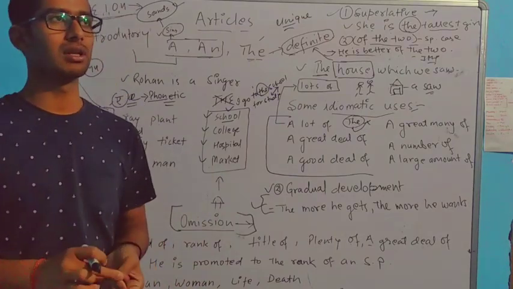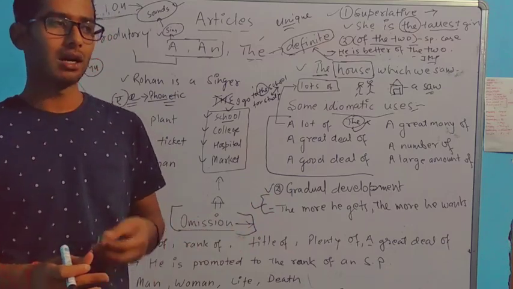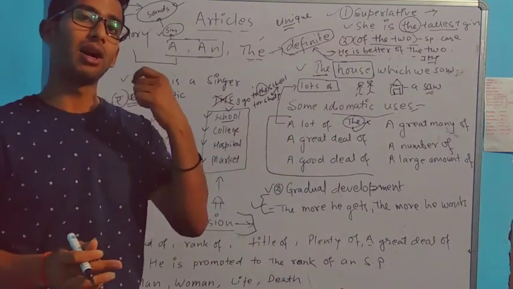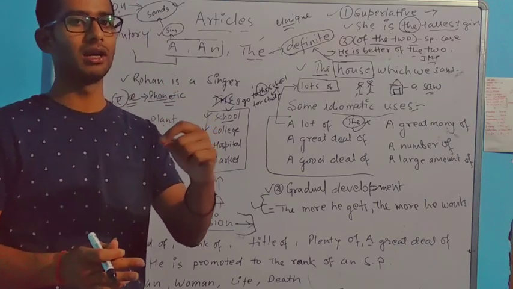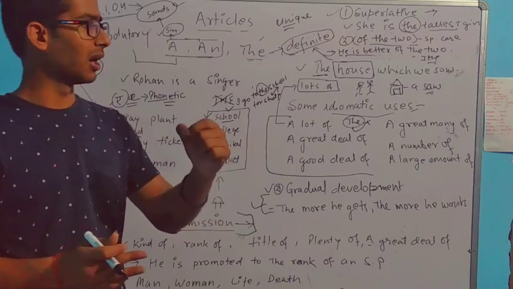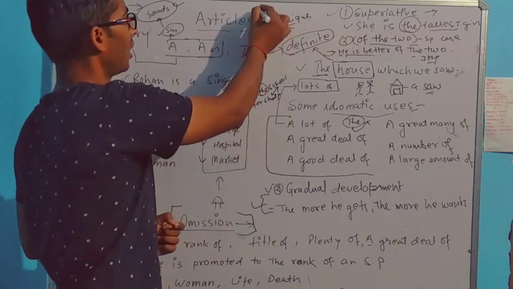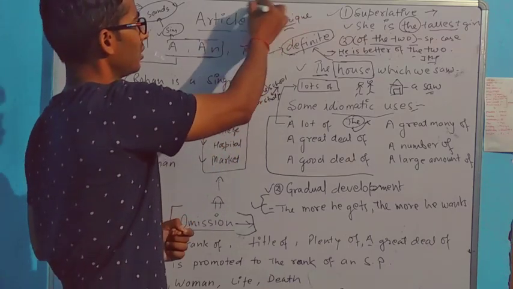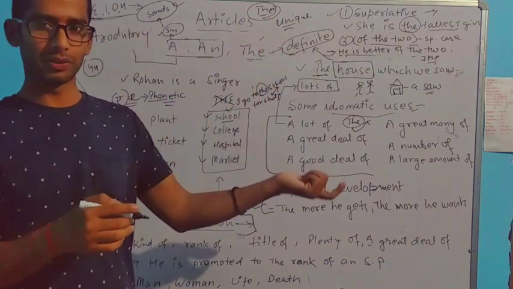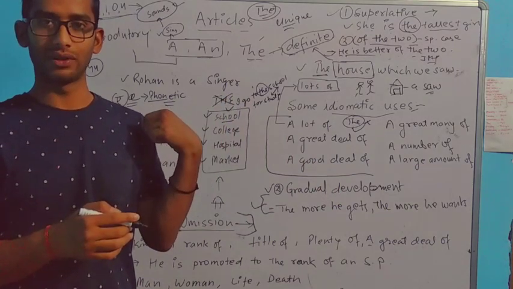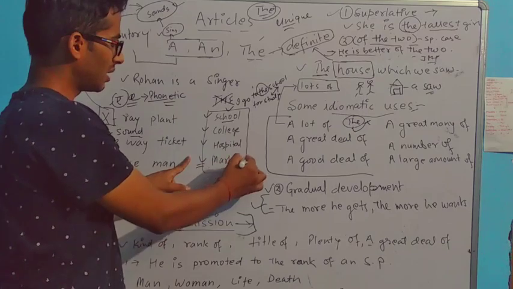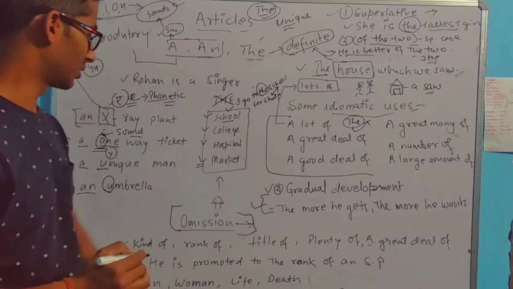I visited a hospital in Dehradun, and the hospital was very good. Got it? Now here I am using the hospital to tell you that it is the same hospital that I visited. Got it? Same thing happens with the market, hospital, college and school.